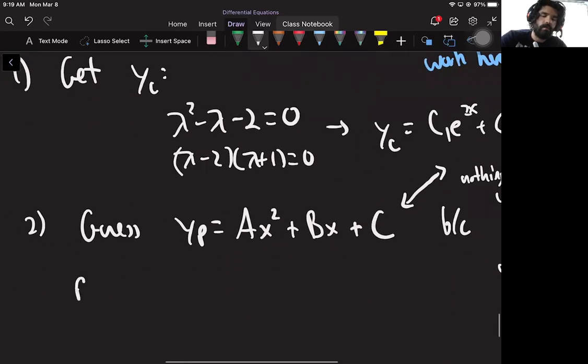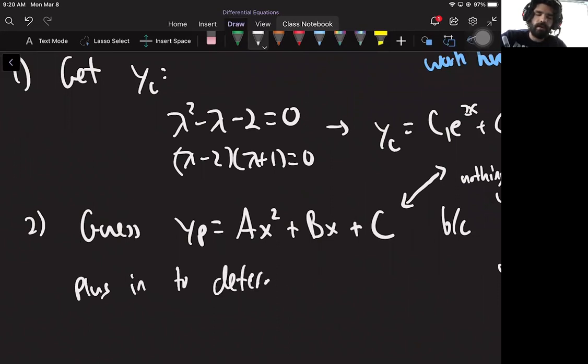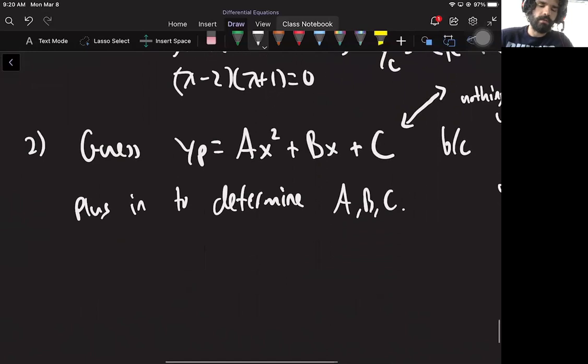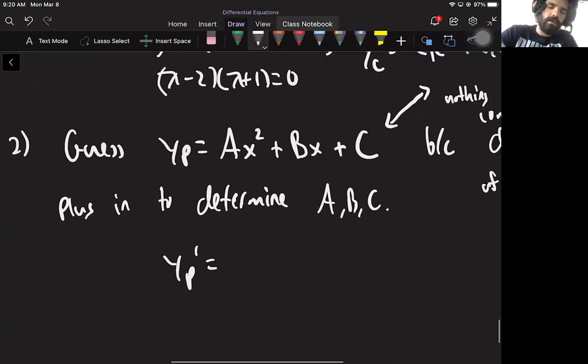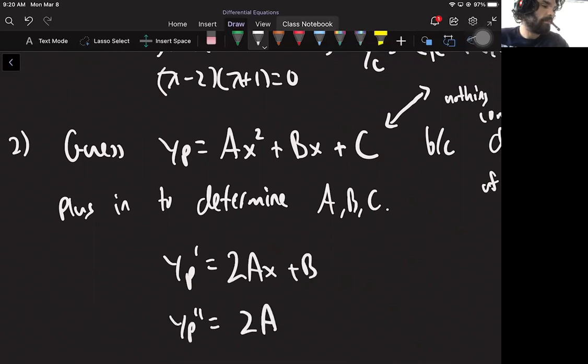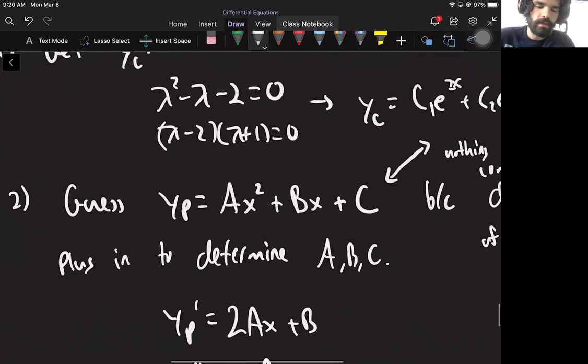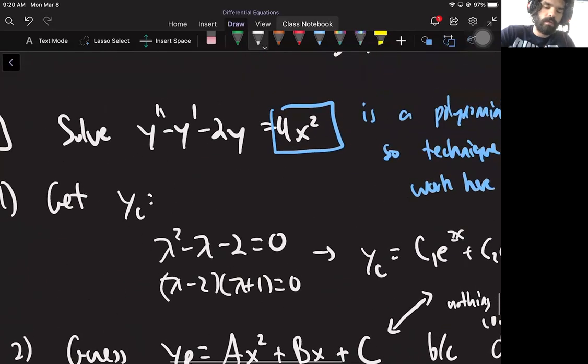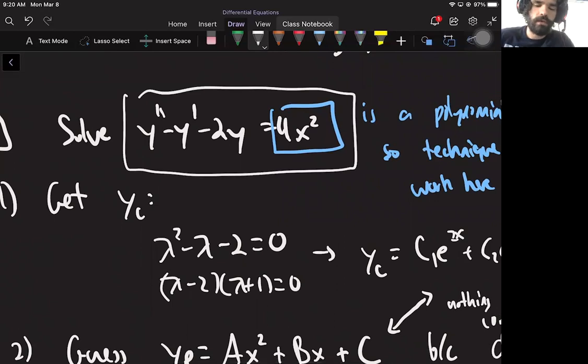Okay, so then plug it in. But it's a bit more annoying because now I have 3 things I have to determine instead of just one. I have to determine A, B, and C. So it's a lot longer. To plug it in, I've got to get the derivatives, which would be 2ax plus b, and the second derivative would just be 2a. I'm going to plug these into the differential equation up here and match the coefficients.